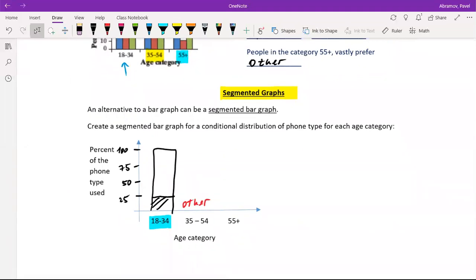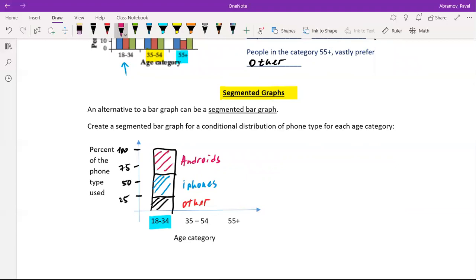So 32.7, we can add this up, and that will put us at about 57%. So this bigger chunk, the biggest segment, will be iPhones, and the rest will be Androids.